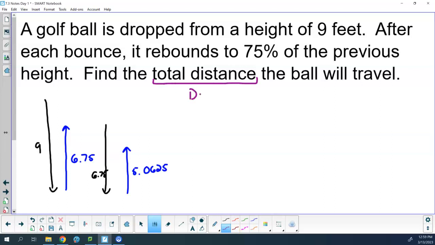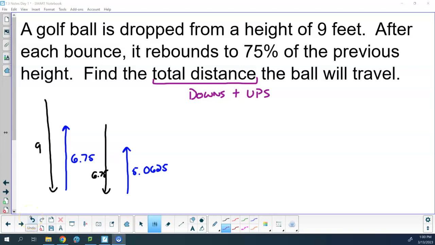That's why the total distance here is going to be the downs plus the ups. Okay? And that makes one complete cycle.